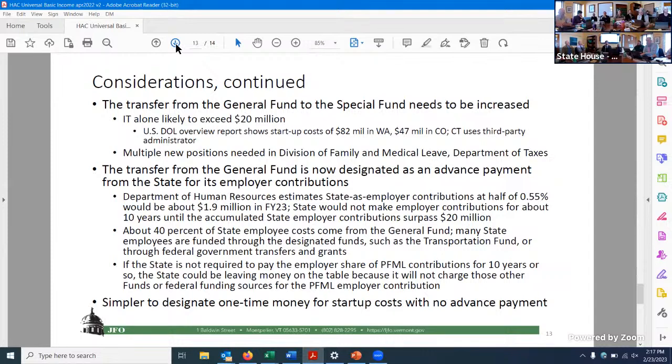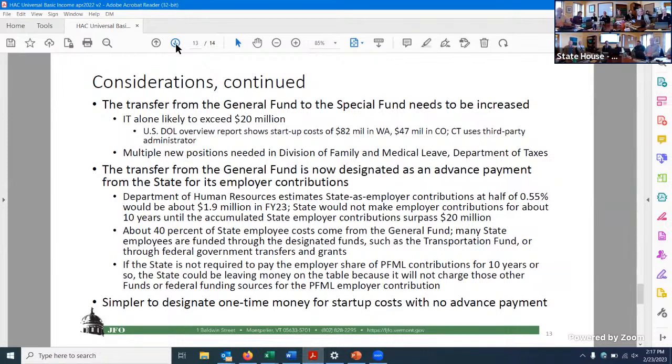That would be their actual share. And we are not then asking the transportation fund or the federal funds to pay for the employer's share. We're essentially leaving money on the table. We're not getting the revenue that we should be from those other funds.